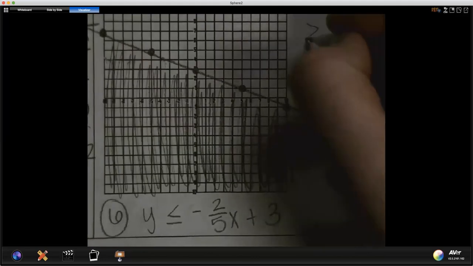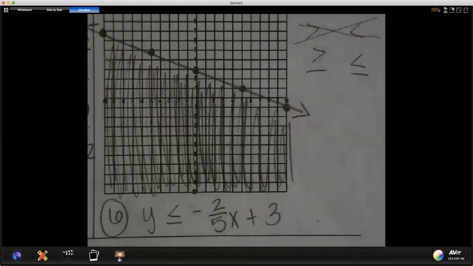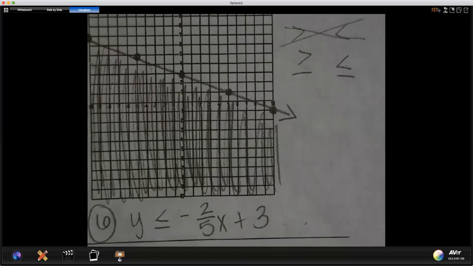So we knew that it wasn't going to be the regular ones, and then figuring out a test point. Now you could have picked any test point. If you picked 0, 0, that would have been a good one to work with, but you could have picked any test point to prove that. Any questions or concerns regarding that one? Okay, that is the end of the notes. So let's pass out homework.